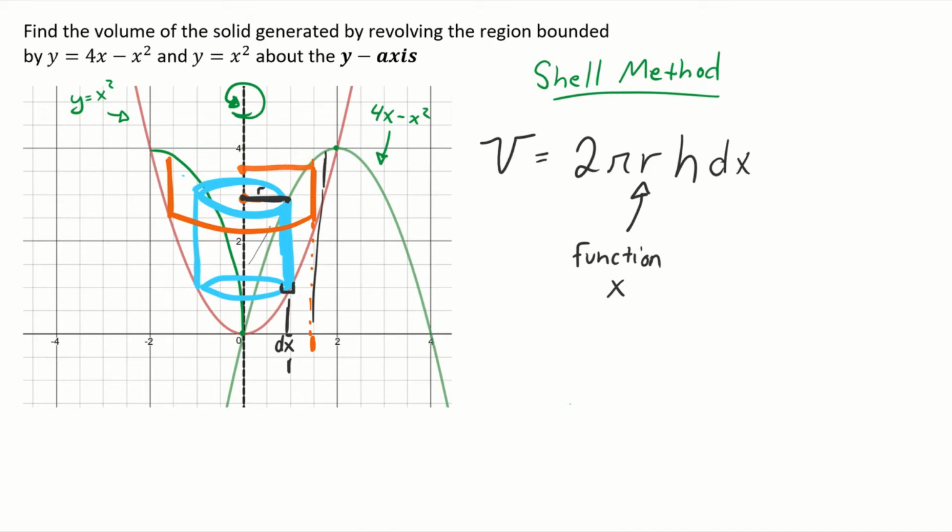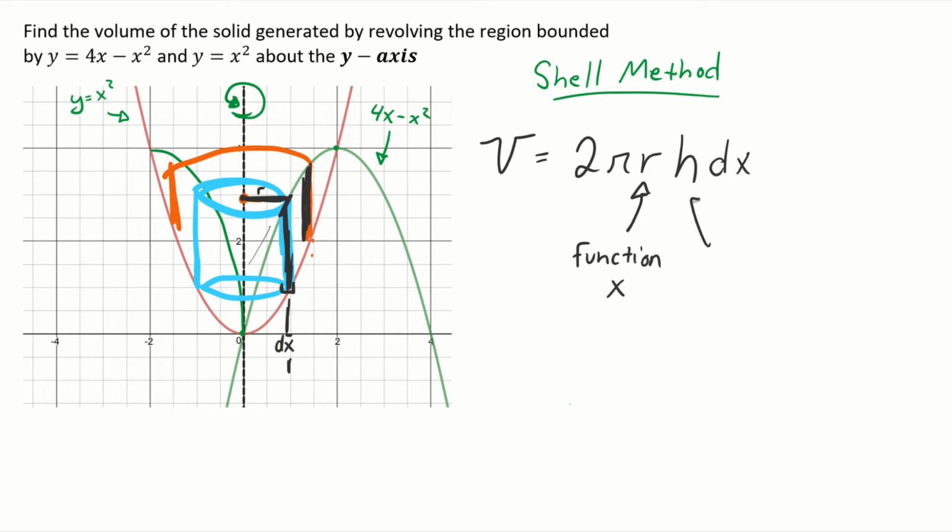Okay, let's clean this up a little bit. Go back to our blue cylinder. Height. What would be the height of our cylinder? This is the one a little bit easier to see. The height is between these two curves. As soon as I move my shell back here again, my height is, again, just bouncing between those two curves.